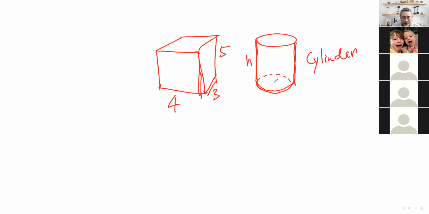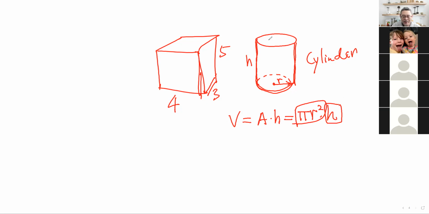For the circle, we need the radius, r. The volume is the base area times height, and we know the area is pi r squared. So the formula is pi times r squared times height. The area gives you two dimensions, and the height gives you the third dimension.